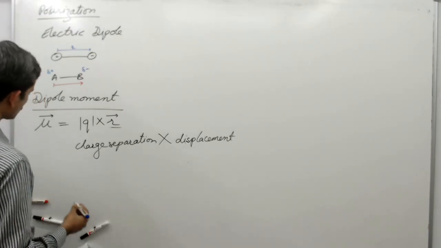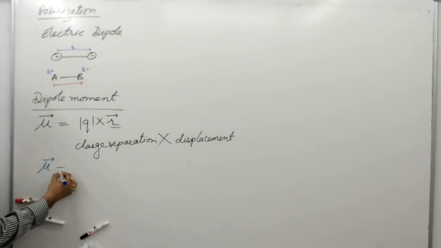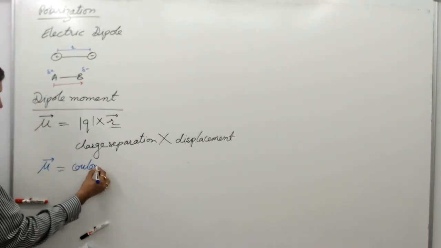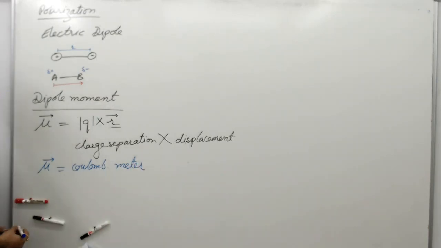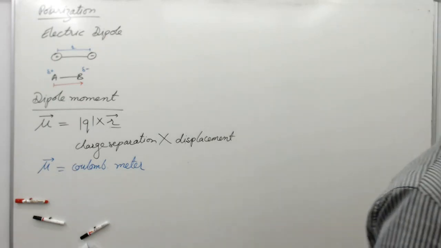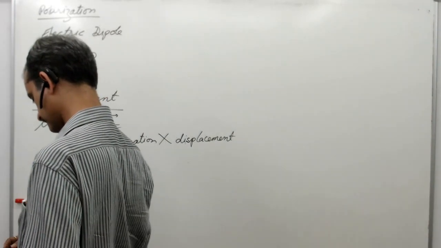So what do you think would be the SI unit of dipole moment? Meters, with unit of charge. Coulomb meter. So Coulomb meter is the SI unit of dipole moment. Clear?